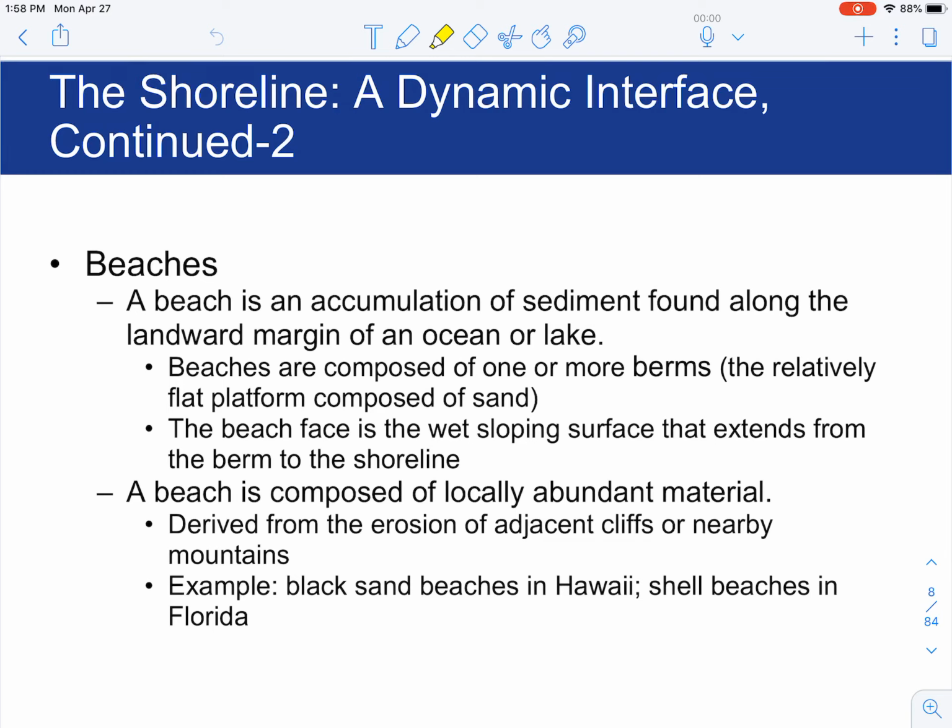The point being that we can't necessarily control the natural budget, but we can control the unnatural budget of sand. I don't know if you've ever seen bulldozers on the beach, or giant ships that look like ocean liners, or drill rigs that are quarrying sand from offshore and bringing it back to the beach to rebuild it after severe storm systems. So it's really interesting, this budget of sand.